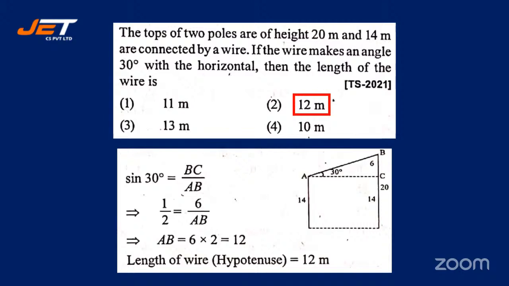Because the full length is 20. From 20, if 14 goes off, then the balance is 6. That is why we say BC to be 6. So half is equal to 6 by AB. AB will be 6 into 2, which is 12. So the length of the wire, that is the hypotenuse, is 12 meters. All right.